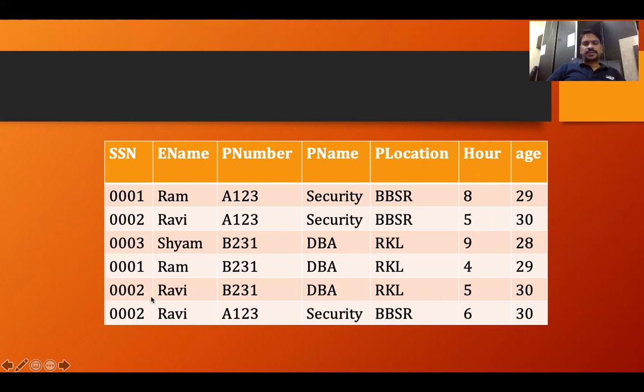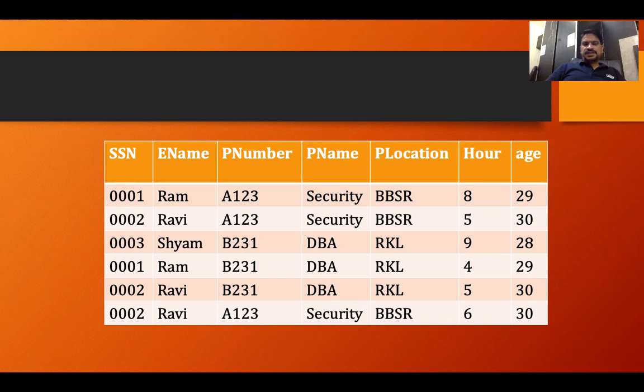Now in this table, let's talk about what the primary key is. Let's forget the primary key for a while, because we don't know what the primary key is here, since I haven't created this table. This is just the instance that I got. Now let's find out the functional dependency. What is the meaning of functional dependency?